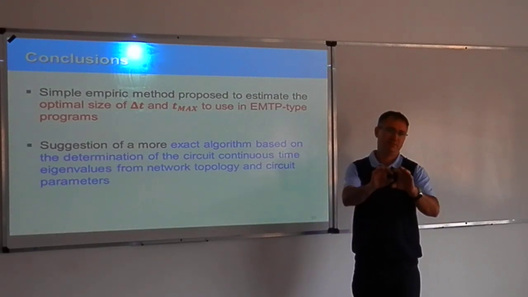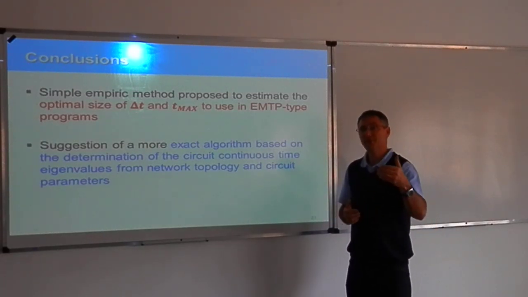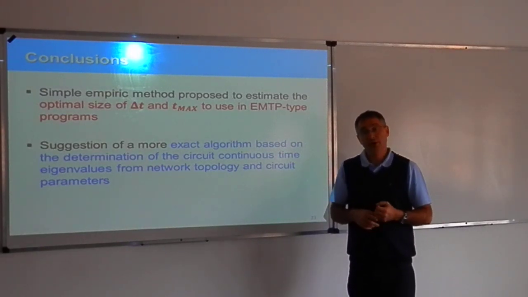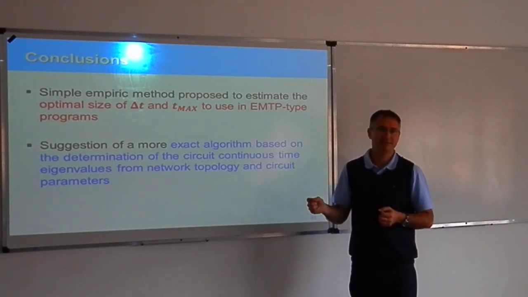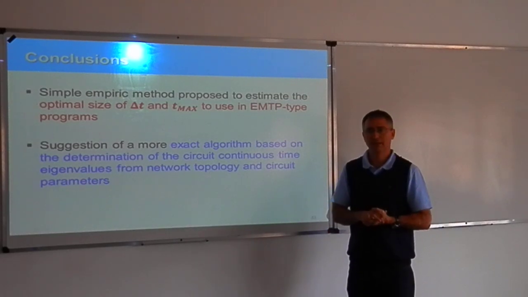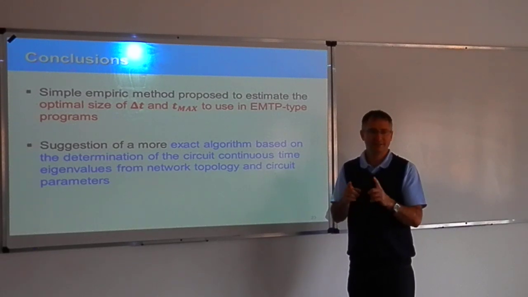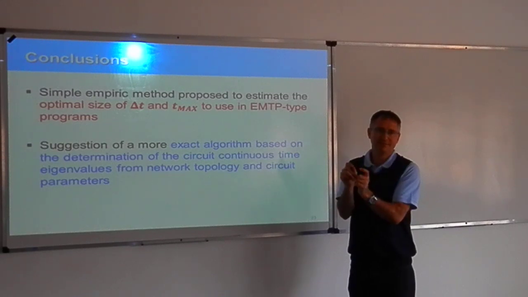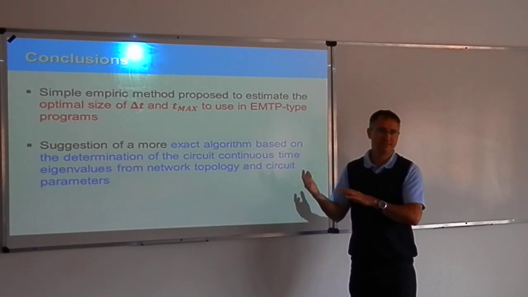Usually programs come with a predefined value, and it's the user's responsibility to select the proper time step size. If you have a variable time step size, then this problem is solved. But even in this situation, how do you move from one time step size to another whenever you make changes, open or close switches in a system?